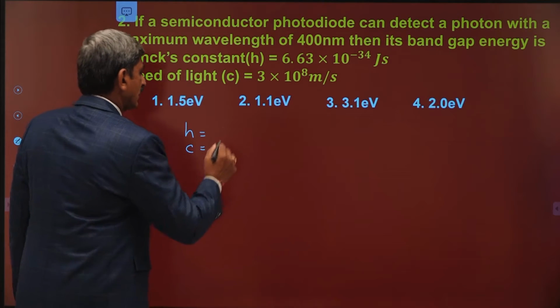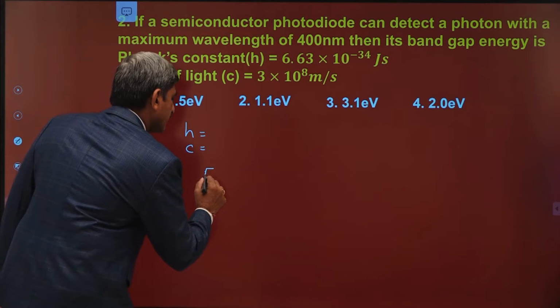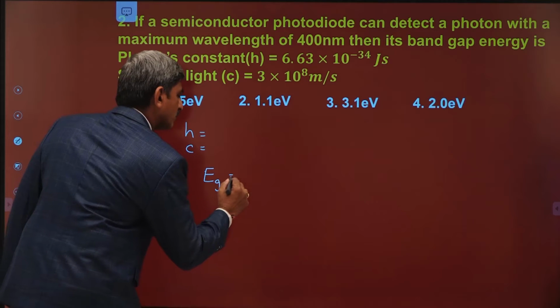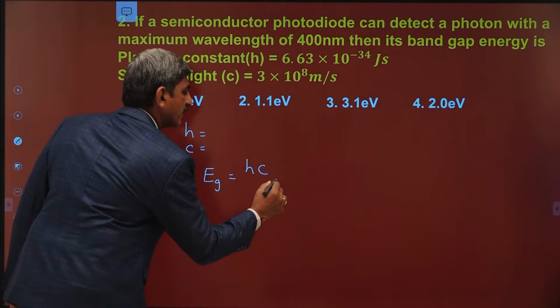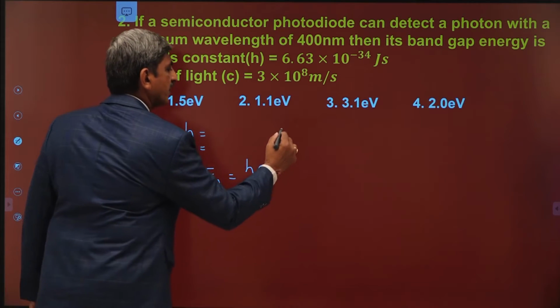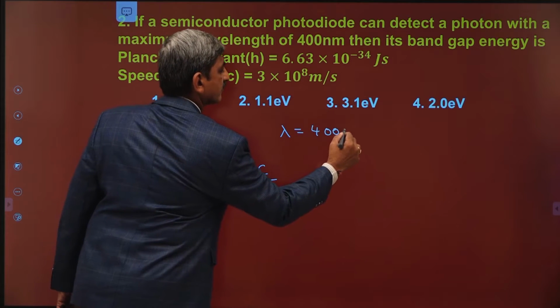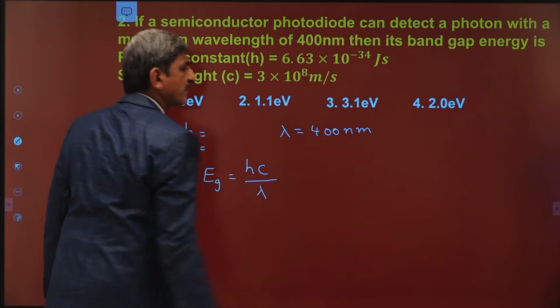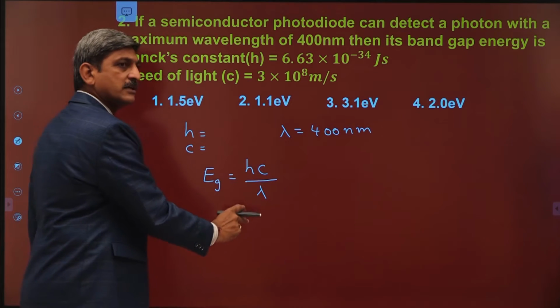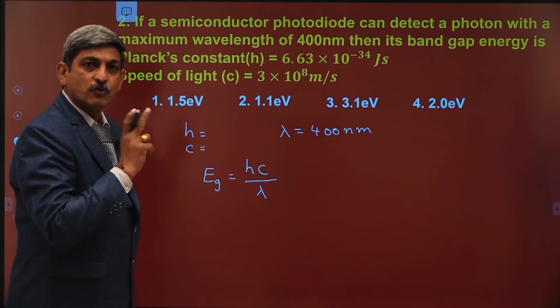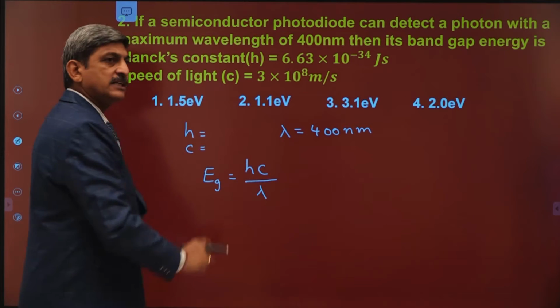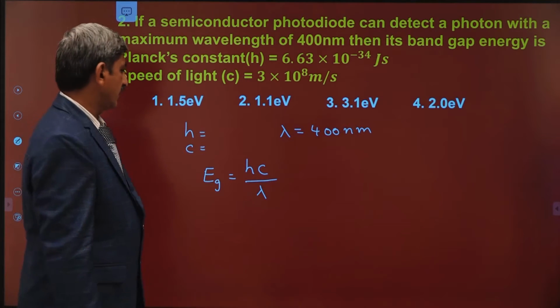We know that the energy of the photon is equal to hc by lambda, where lambda is the wavelength, given as 400 nanometers. This photon can be detected only when the energy is equal to the energy gap of the semiconductor material.